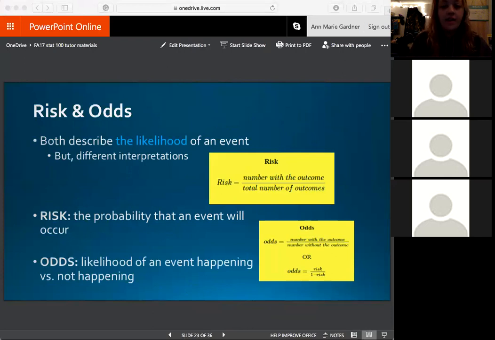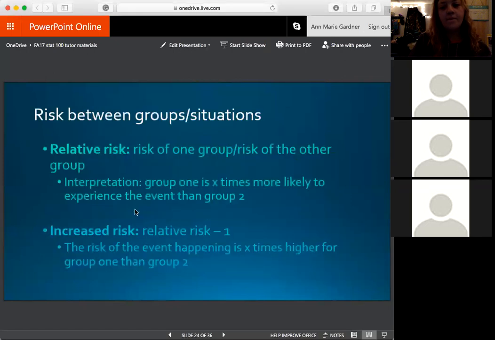So risk is the probability that it will occur. And then our odds, the only difference there is that we're talking about the odds of it happening versus not happening. They're both talking about the likelihood of something happening, but we do want to make sure for odds we're also comparing it to not happening there.